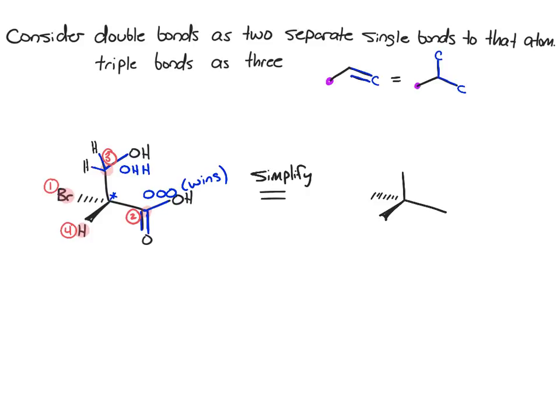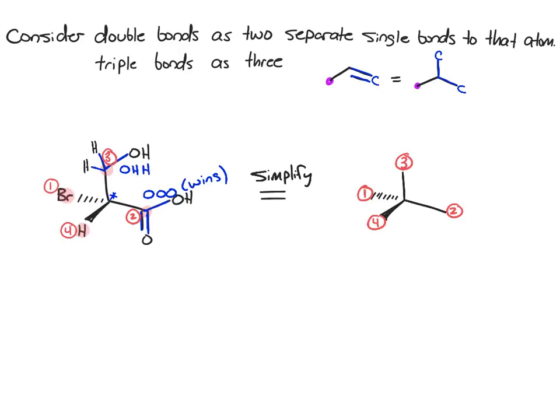Here's my tetrahedron, and then on that tetrahedron just write your priority numbers. We have 1 back, 4 out, and then 2 and 3 in the plane.